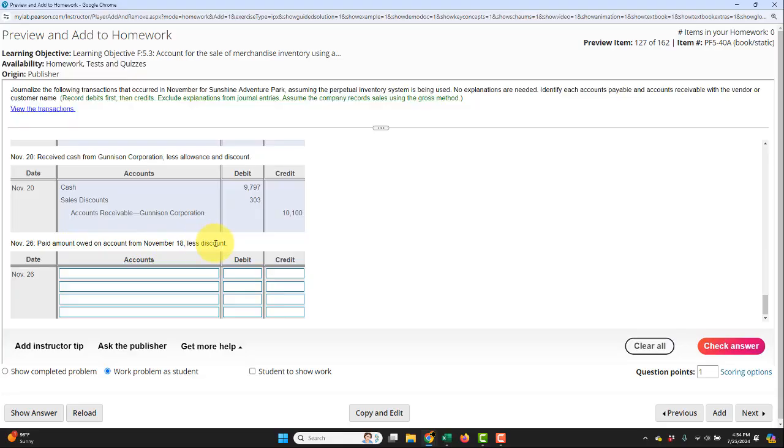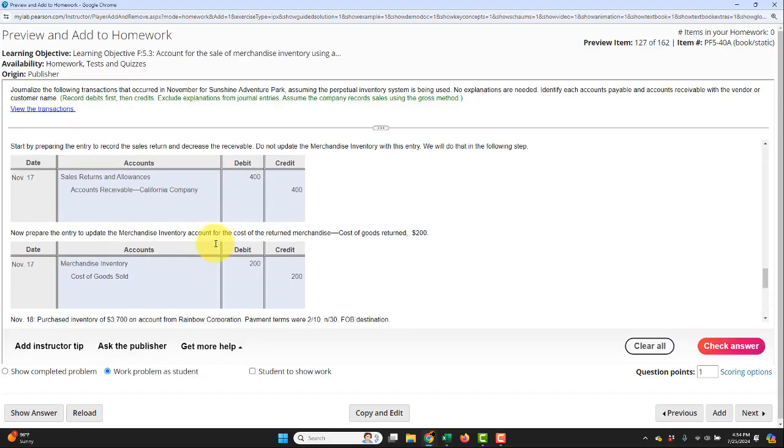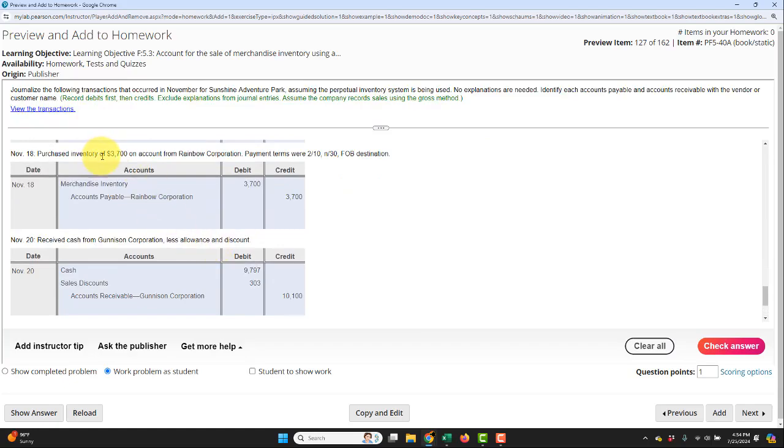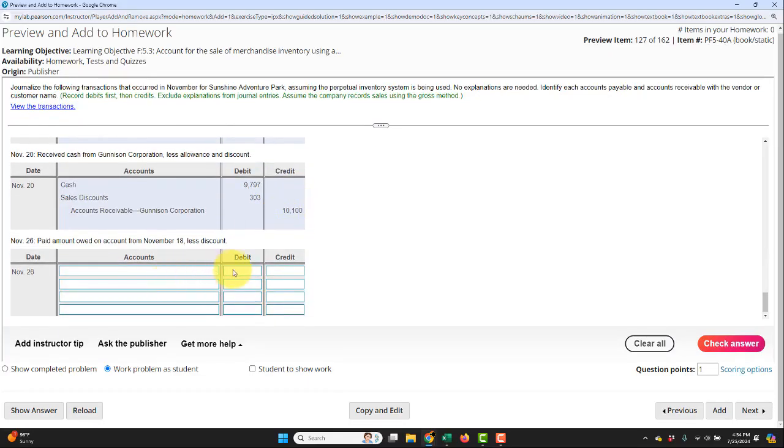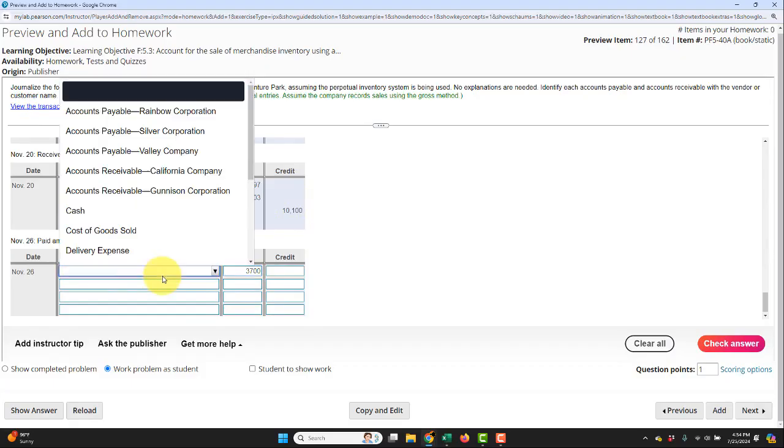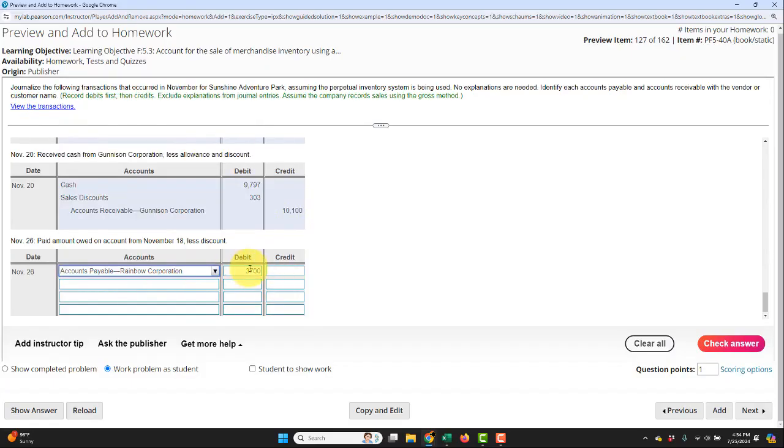Okay, so now paid amount owed on account from November 18th less discount. This is probably from one of our purchase transactions. So if we go up here, yes, we are going to pay off this account to Rainbow Corporation. We have this accounts payable, a 3,700 credit balance because it's a liability. So I know we're going to have at a minimum a $3,700 debit because we want to zero that out. Now, since we're taking the discount, we're not going to pay that much cash.